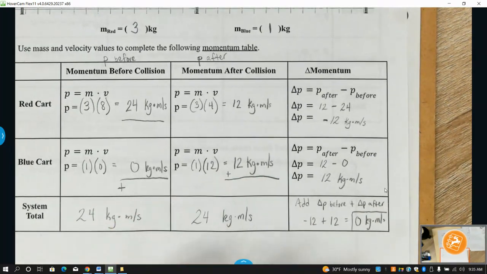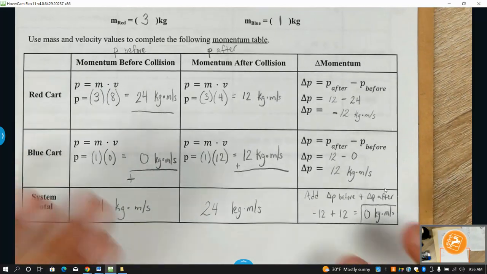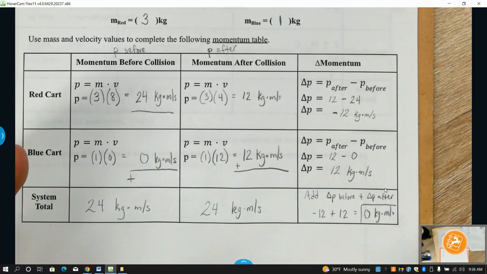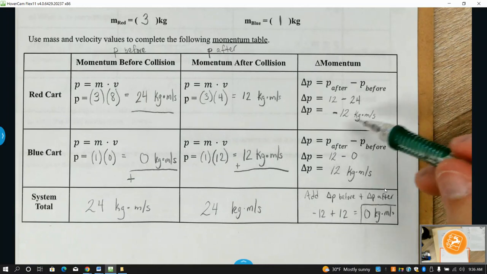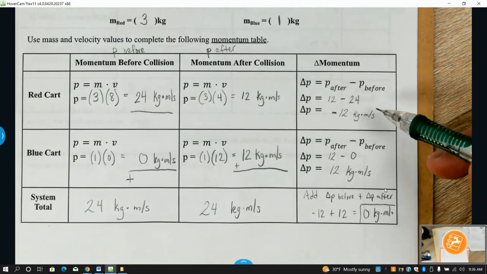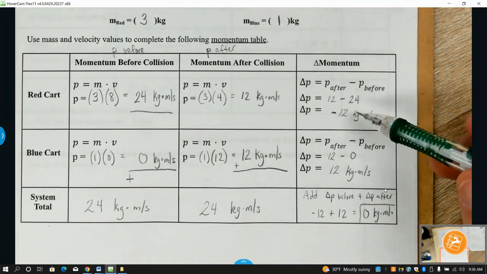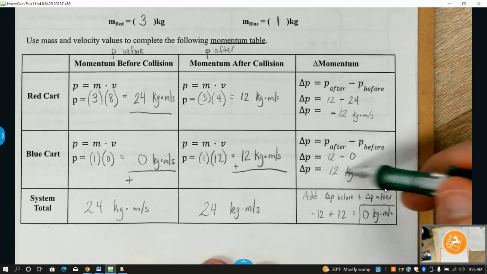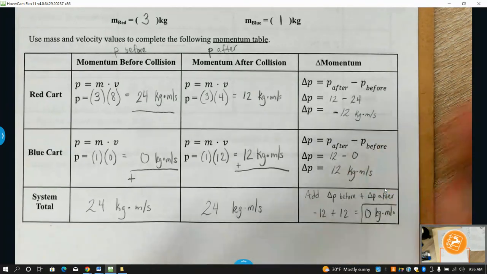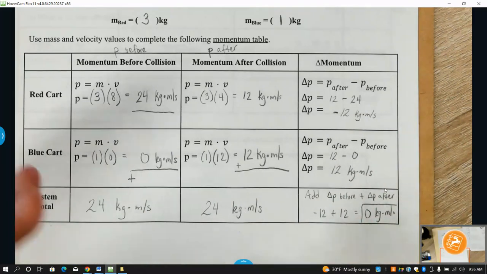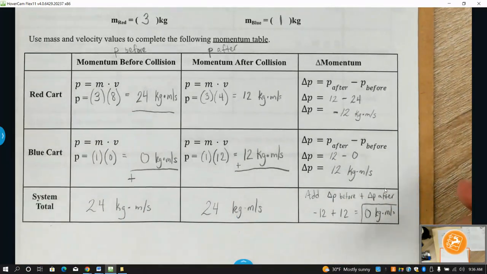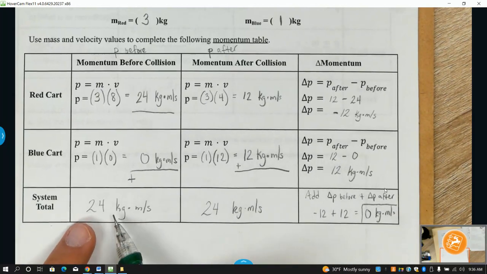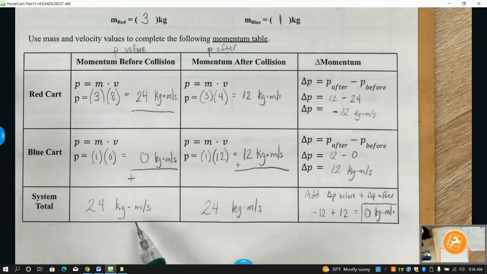So the net change in momentum of this whole thing is 0. Even though the red cart lost 12 kilogram meters per second worth of momentum, the blue cart gained that. So the overall change in momentum of the whole thing is 0. That also should make sense because we have 24 total before and 24 total after.